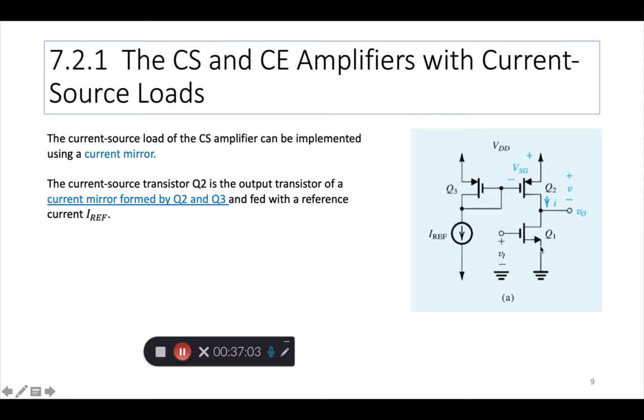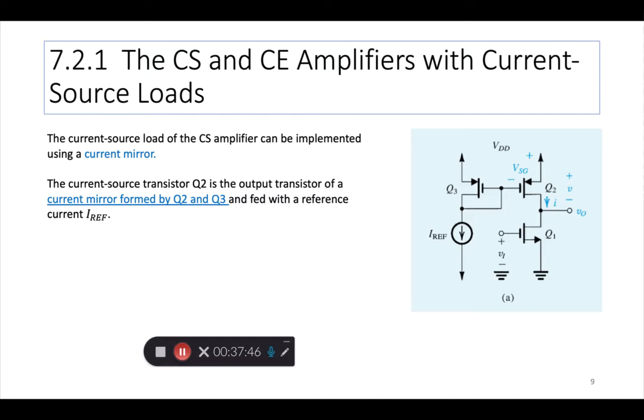Okay, so this I, which also flows here actually, and we'll learn more about this current mirror operation next week, but this I reference, which is coming off of the drain of this PMOS, that's what we require from this circuit. And we have this pair of PMOS transistors to give us the current mirror.